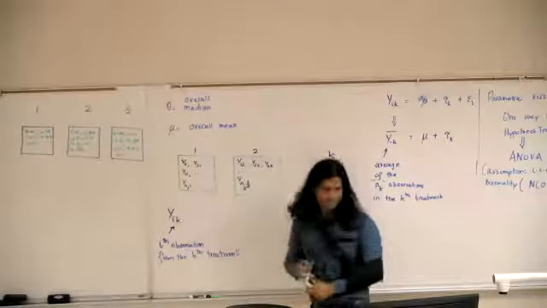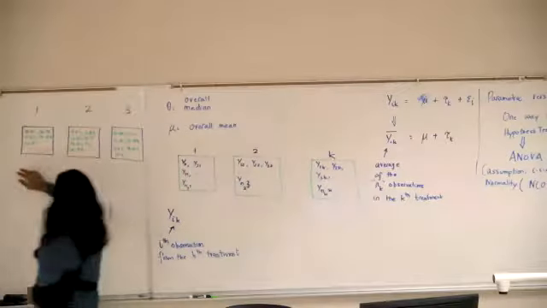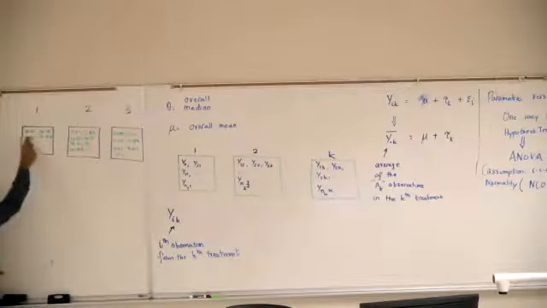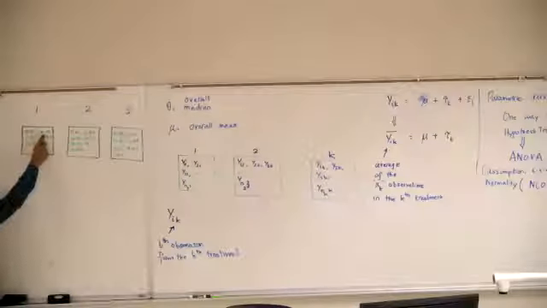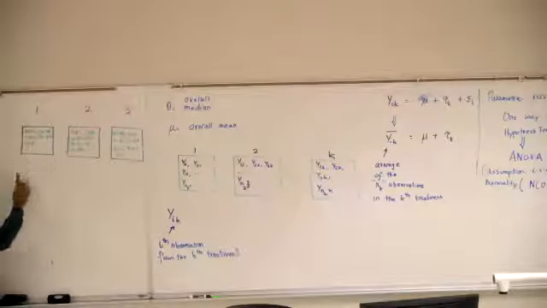If you can't see the observations, do that. So the first treatment, I wrote 10.21, 10.19, 11.41, 10.99, 10.8.